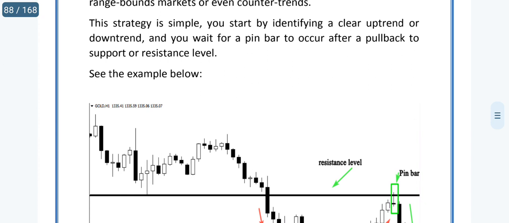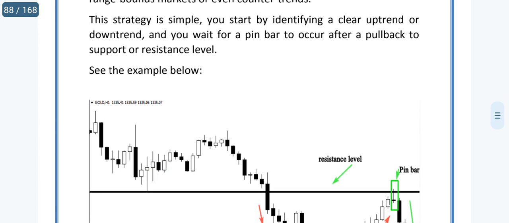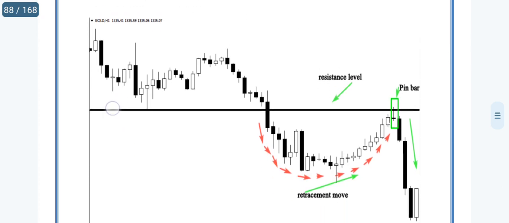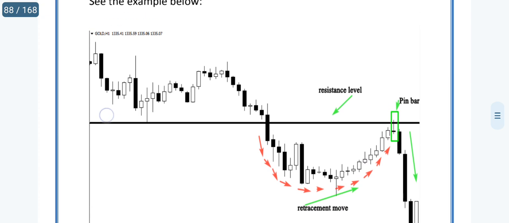You can start by identifying a clear uptrend or a downward trend, and then you wait for the penny bar to occur after a pullback to a support or resistance level. You can see it in the illustration below.